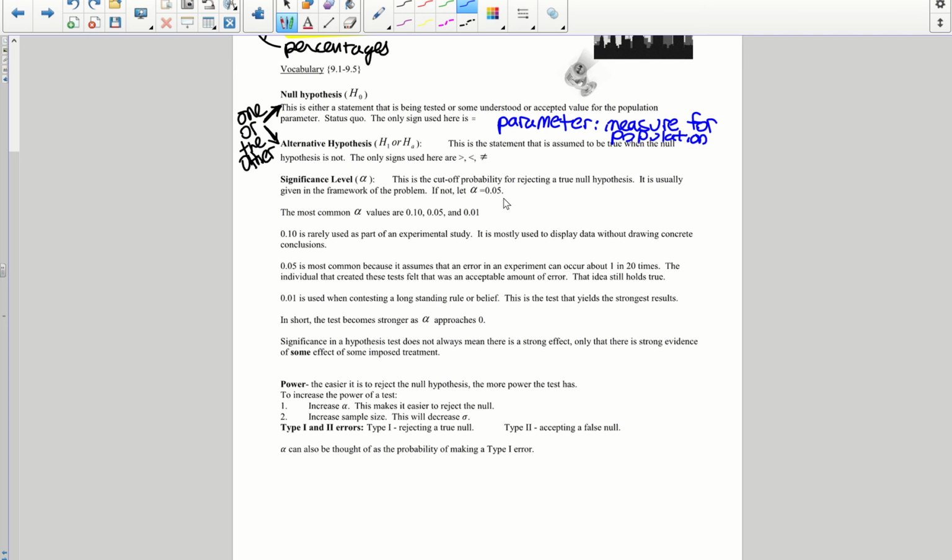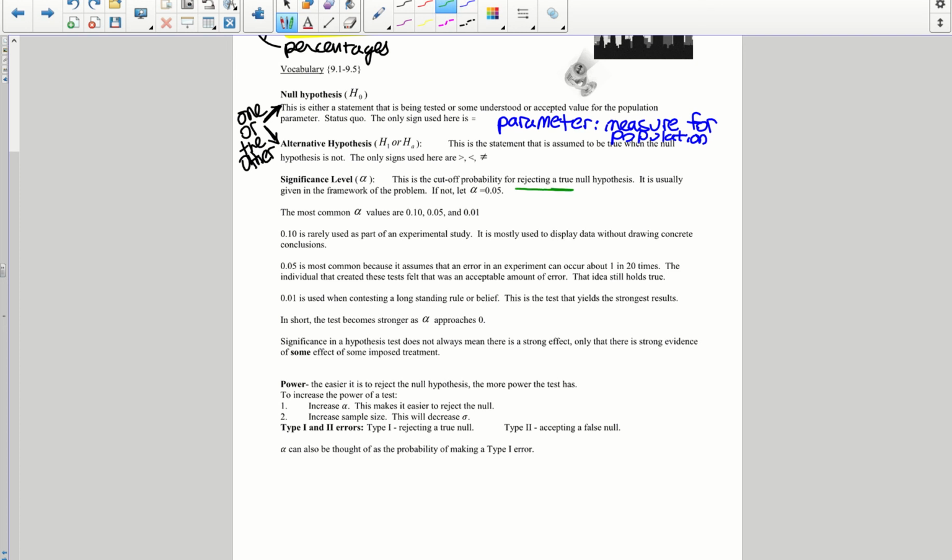All right. So anyway, significance level: the cutoff probability for rejecting a true null hypothesis. It's a kind of wordy way of explaining something pretty simple. The cutoff probability for rejecting a true null hypothesis.